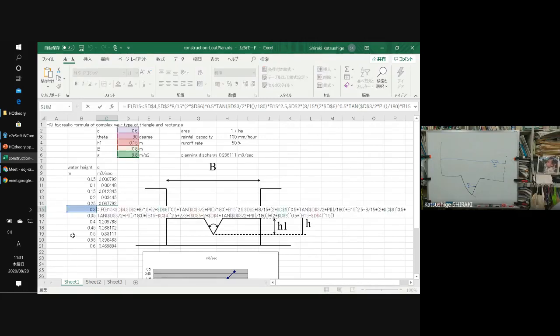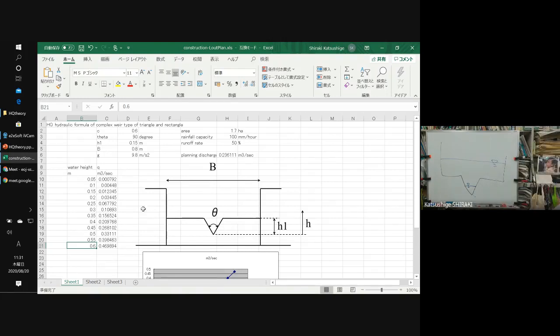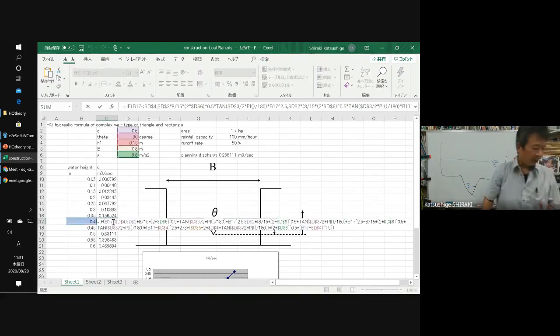If the water height is 0.3, then it is a very difficult equation like this. But this is numerical: the reduction coefficient, the degree of the angle theta, H1 is some number, B is the width, and Z is the gravity one. We can calculate with a very long formulation, including the multiple shape weir too.